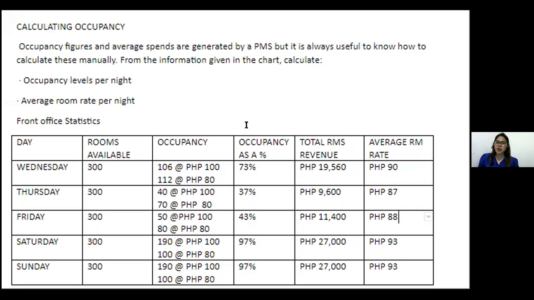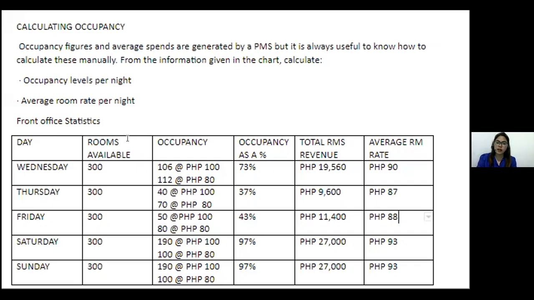Occupancy figures and average spends are generated by a PMS, but it is always useful to know how to calculate this manually. From the information given in the chart, let's calculate the occupancy levels per night and average room rate per night, and here is the data. So here is the given day.